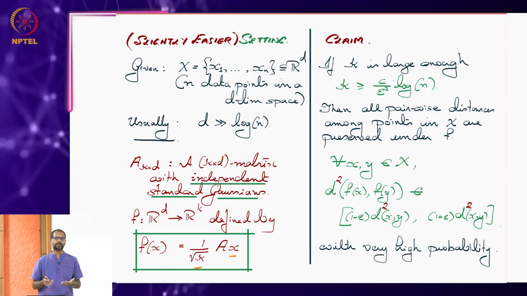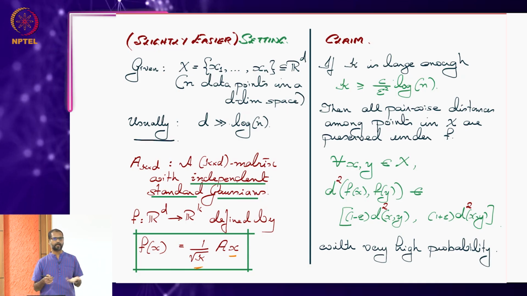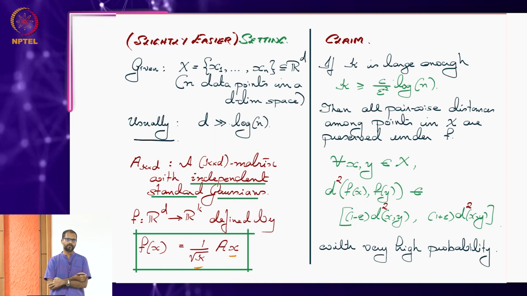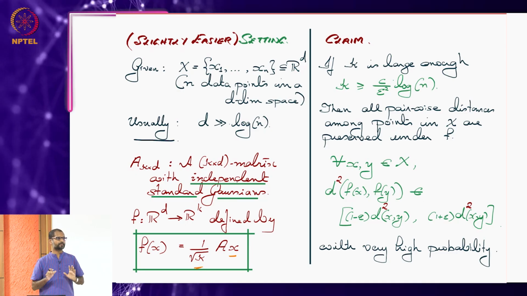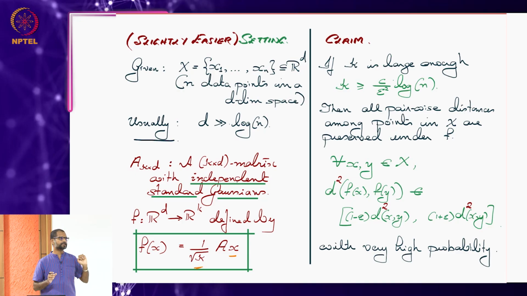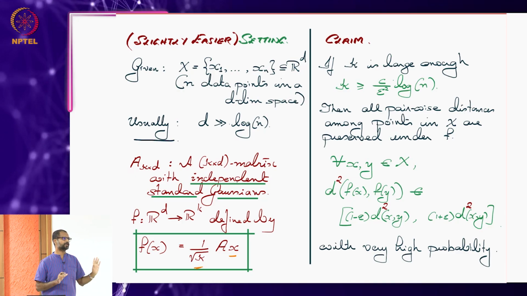You just have to generate k times d standard Gaussian random variables; MATLAB, Python, whatever package will have a way to generate that many independent Gaussian random variables. So now the transformation has become way more simple. All you do is generate this random k by d matrix and multiply your data with that. That is going to be the embedded version of your data point.